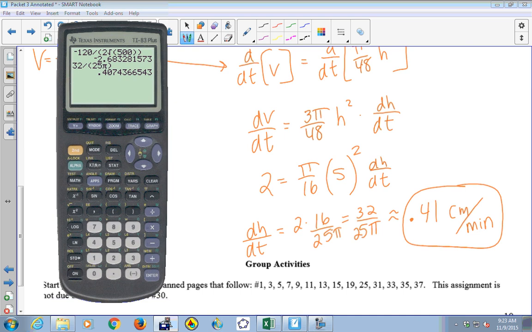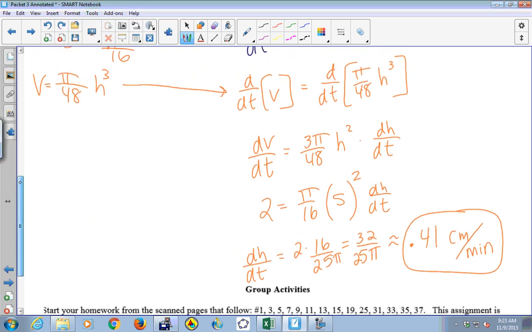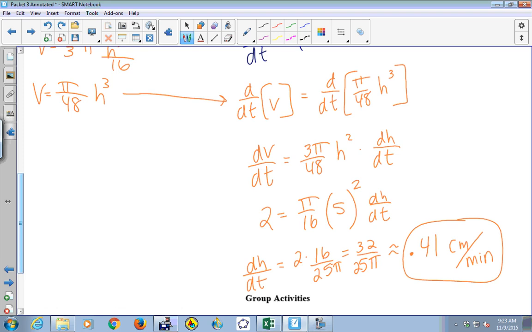So you get dV dt. And then the same thing with h. If that said d dh of pi over 48 h cubed, you would just do the power rule and get 3 pi over 48 h squared, done. But it doesn't say d dh, it says d dt. So you do the power rule first, but then you have to multiply by dh dt for the chain rule.